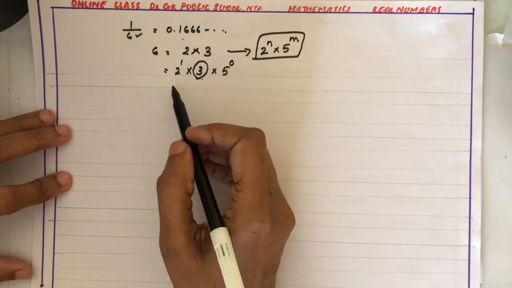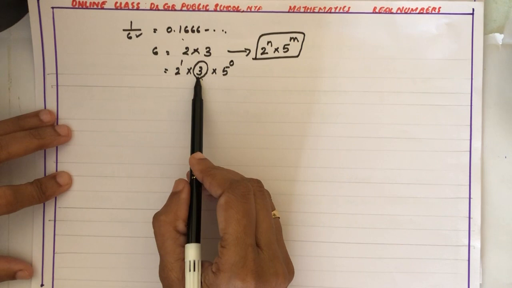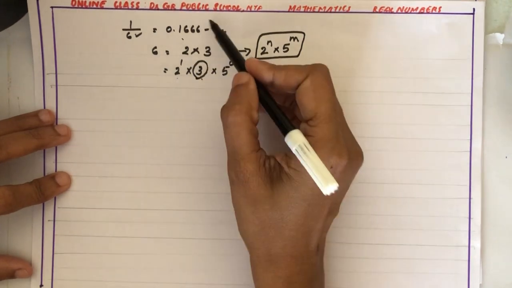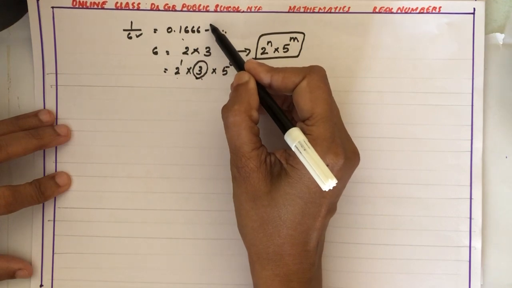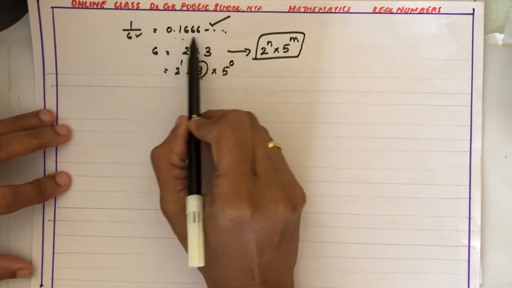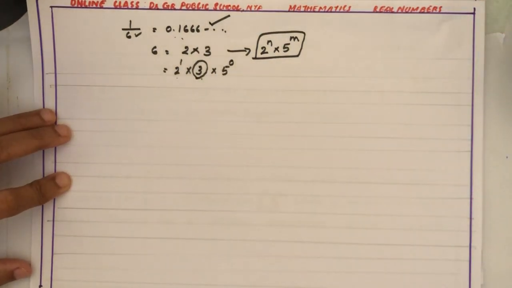And what we can understand: if the denominator has any other factor other than 2 and 5, then the decimal expansion is non-terminating recurring. That is our next theorem.